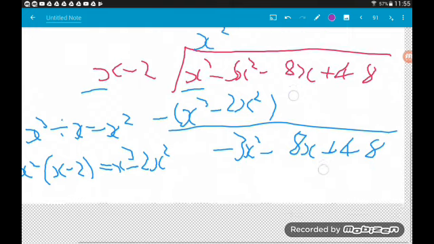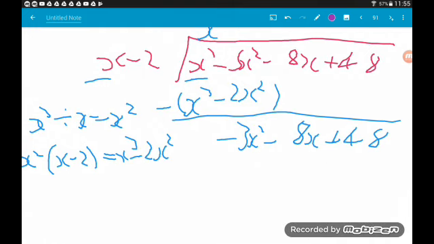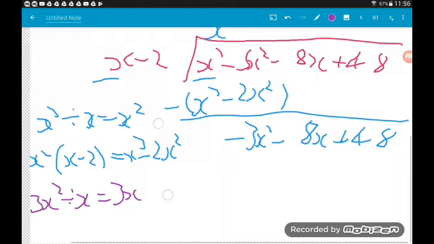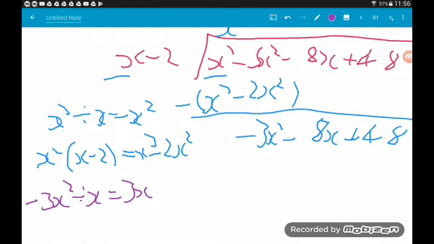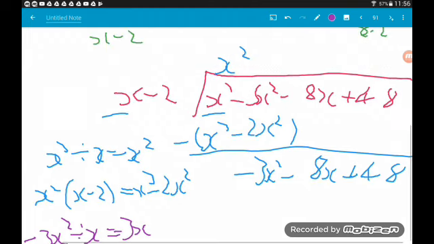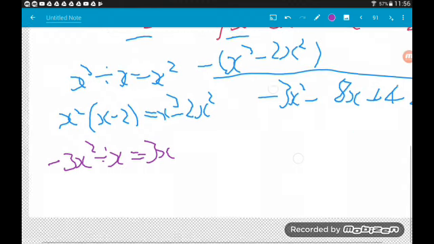So we now repeat this cycle with this blue quadratic. Minus 3x squared divided by x is minus 3x, like that. So minus 3x is the next thing that goes up on top. And then we multiply that by our divisor.